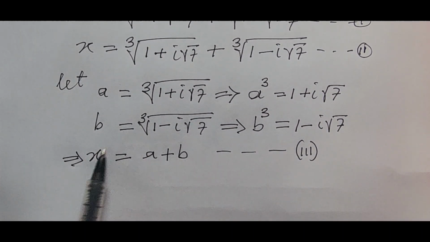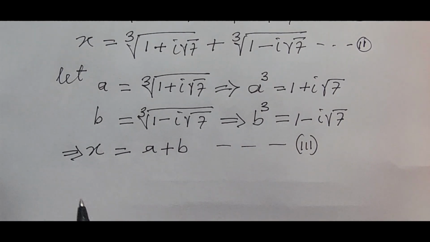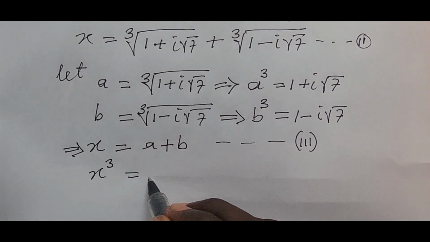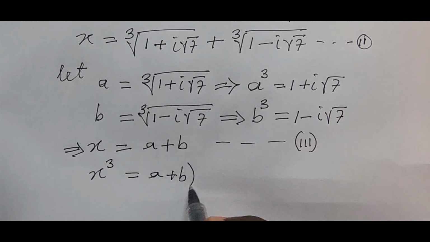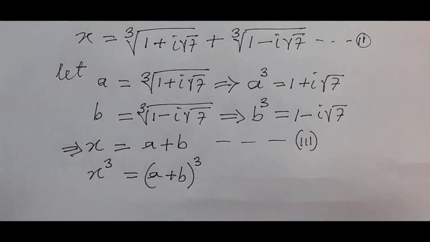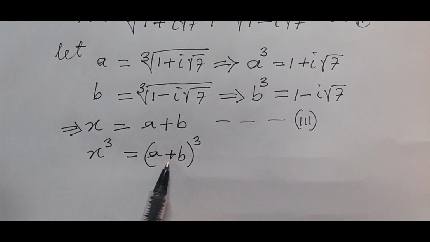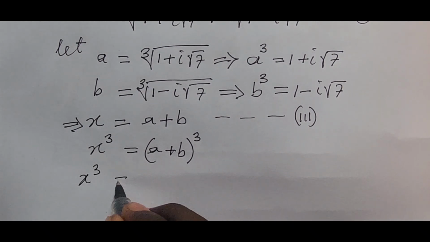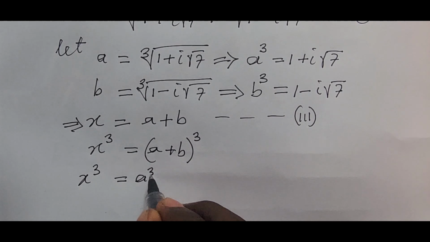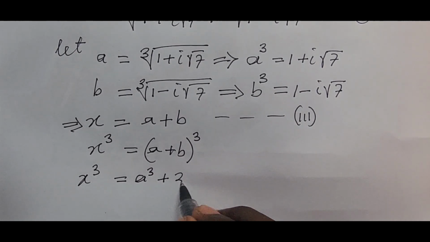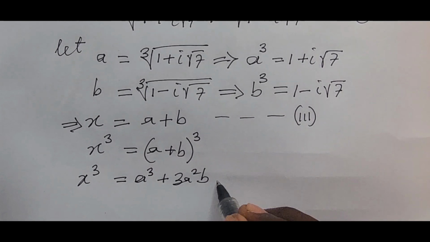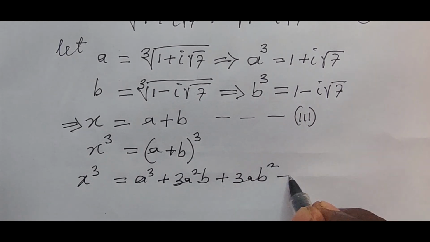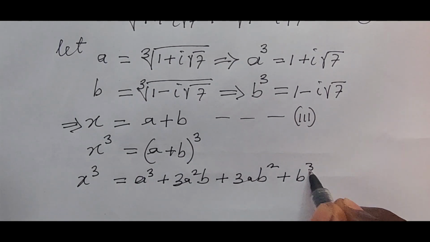Now let us cube equation 3. If we cube equation 3, this gives us x to the power of 3 equal to A plus B all raised to the power of 3. If we use binomial expansion, x to the power of 3 is equal to A to the power of 3 plus 3A squared B plus 3AB squared plus B to the power of 3.